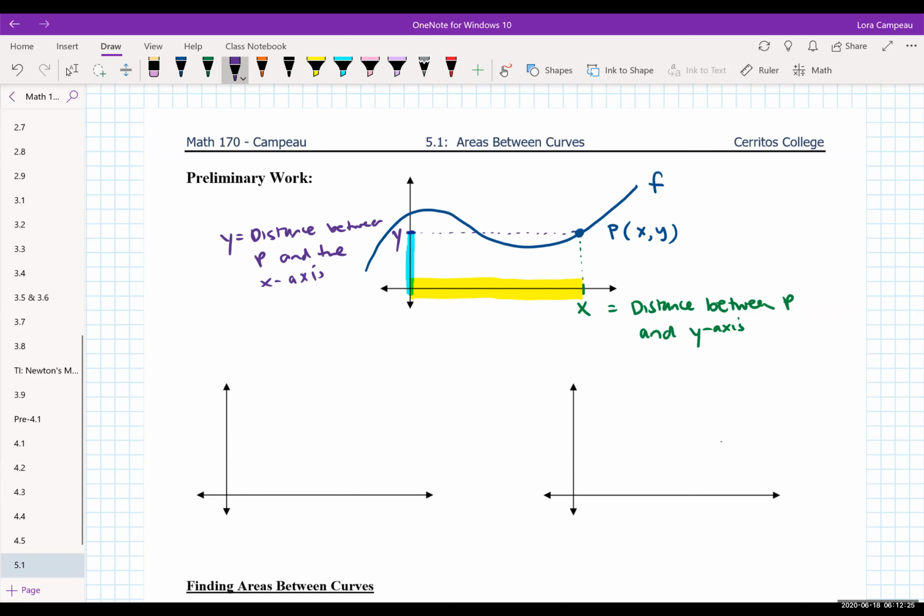So if you could refocus again and look at what's my horizontal distance, that's X, what's my vertical distance, that's Y. So that should get us started.